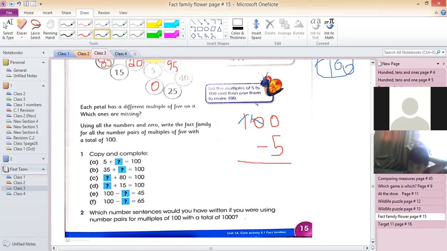Then 10. Then 5. Then here 9. And here 0. That's very good. That means 95 is the answer.